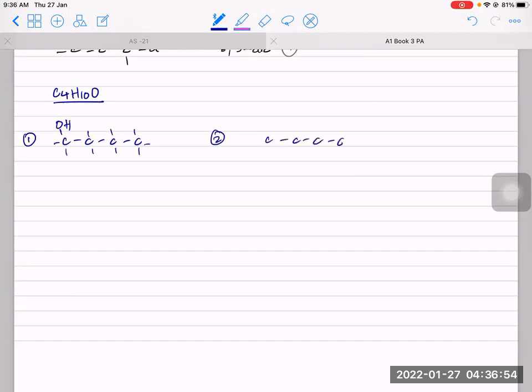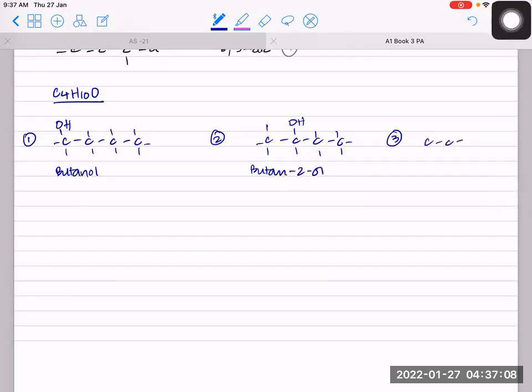Then let's make butan 2-ol. So this is butanol, butan 2-ol. Can you have a butan 3-ol? No. What will we do? Shorten the chain. The 4th carbon will go on the middle one, and this will become 2-methyl propan 1-ol.